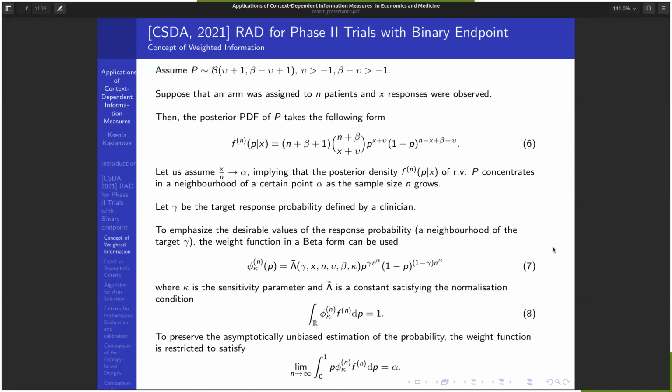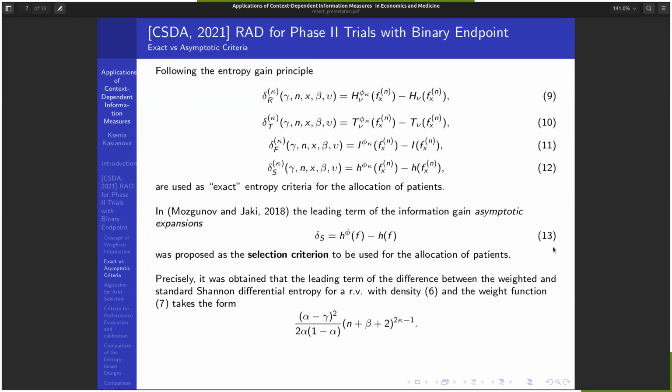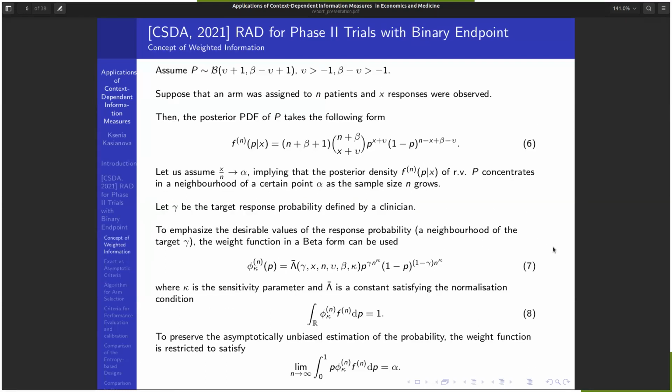After that, we can use the weighting function in beta form, and using this, we can calculate the exact and asymptotic criteria for choosing the next drug during the clinical trial.